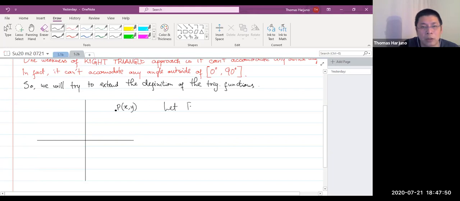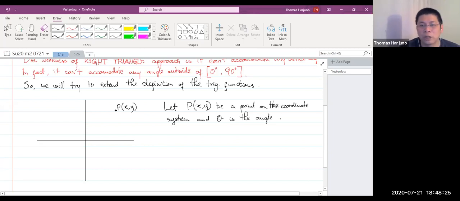Let P with coordinates x, y be a point on the coordinate system, and theta is the angle associated to that point.